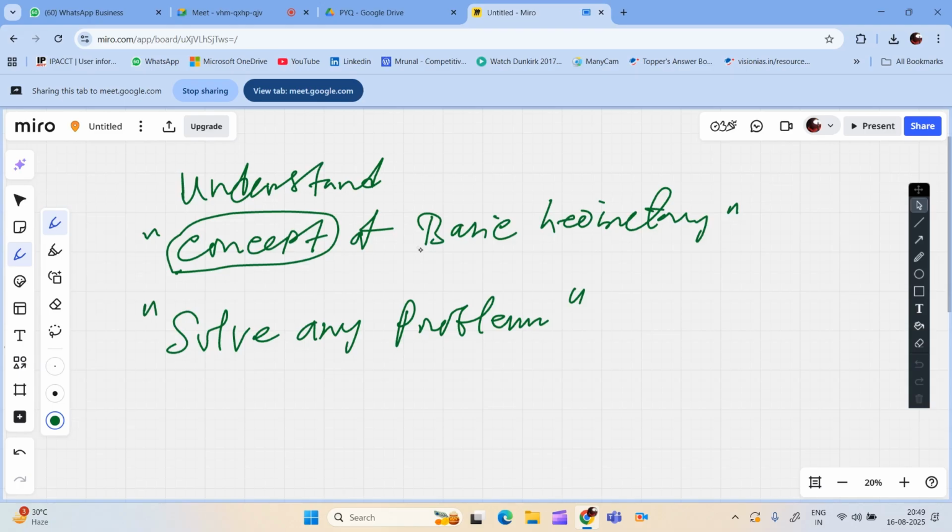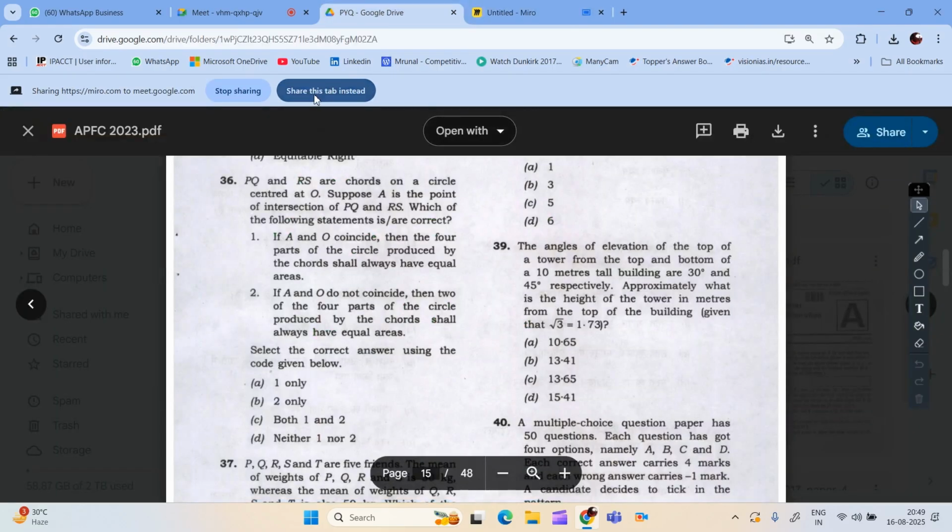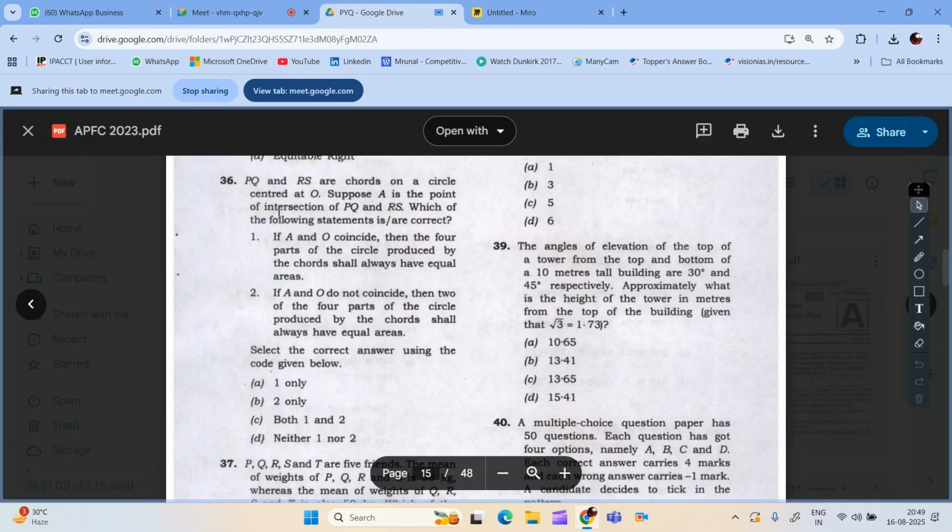But here you need to judge the concept. Just like you can see on this question paper, question number 36, they don't tell you to solve anything.